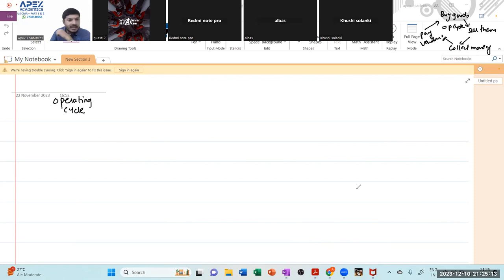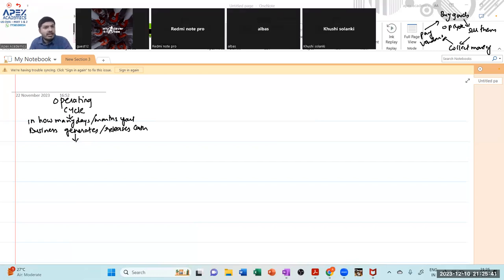What does the operating cycle tell you? It tells you in how many days or months your business generates or releases cash. Agreed or disagreed?